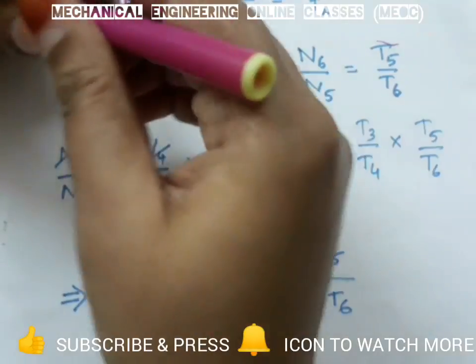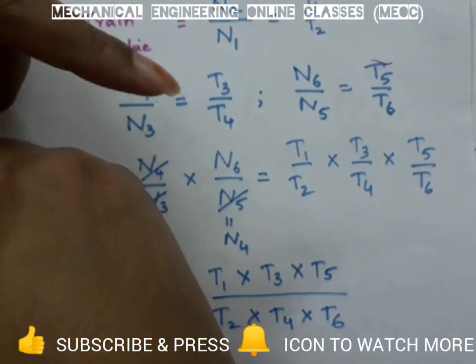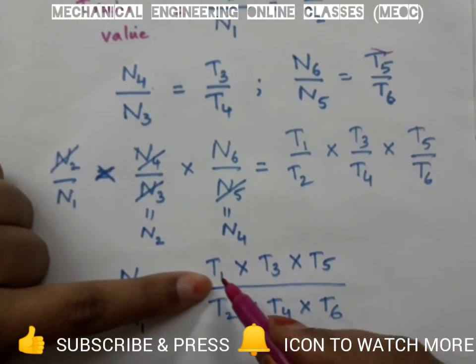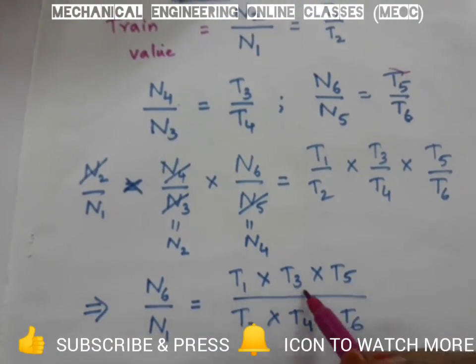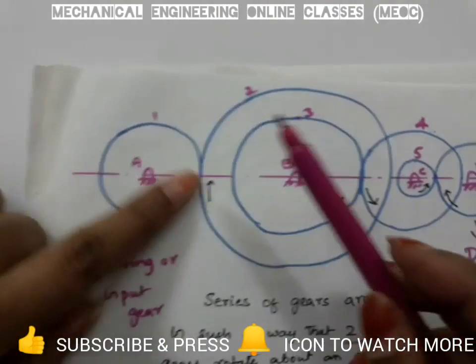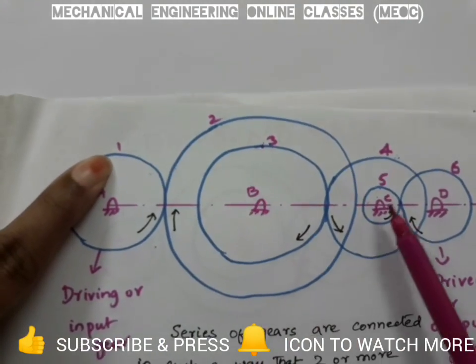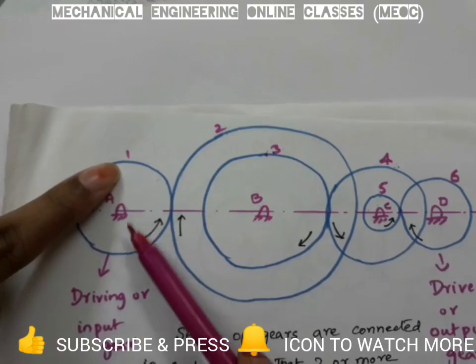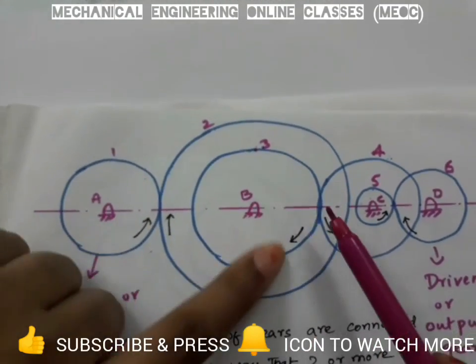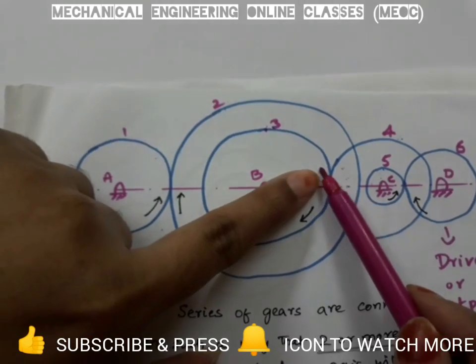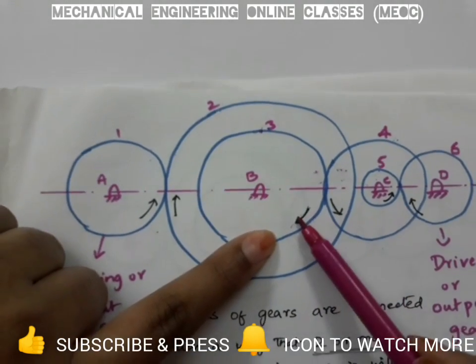In the numerator, we have the number of teeth on gears 1, 3 and 5. What are 1, 3 and 5? Look here: 1 is the driving gear and 2 is driven, and in the 3-4 combination, 3 is driving.